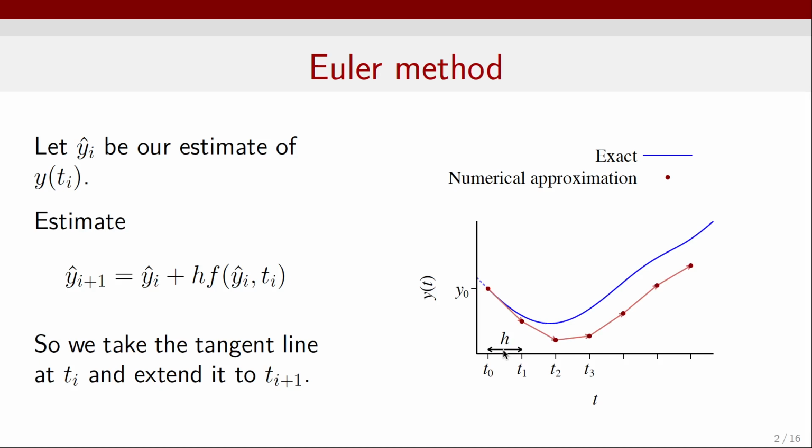So a more accurate estimate would be if we take the slope in the middle to be equal to this. That would be the midpoint rule. But here we are using the slope at the left point, because that's the point where we know the value of yi. So as explained in the previous video, this is a first order accurate estimate.